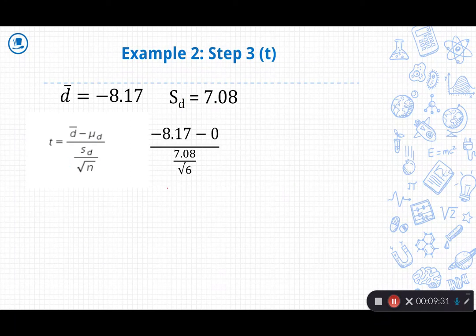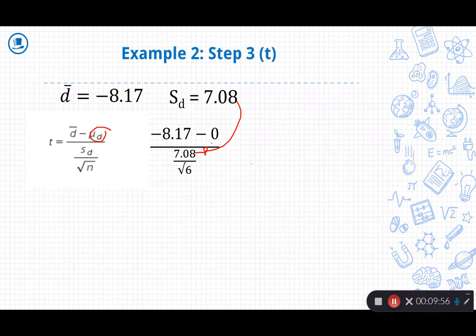So if we fill them in, the mean difference is there, negative 8.17 minus 0. Remember, according to the null hypothesis, mu sub D equals 0. And then the denominator is where we figure the standard error, and we're doing this all in one step. So we take the standard deviation, 7.08, goes right there. The square root of n is underneath that.